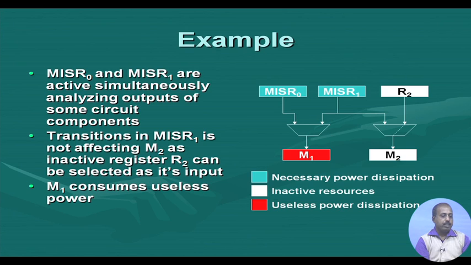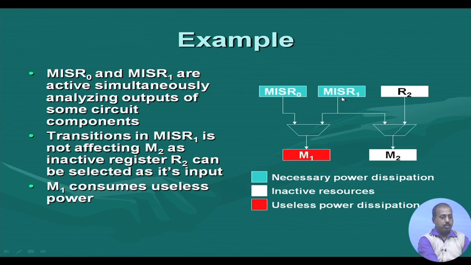This is a typical example. Suppose we are going to test the module M2. Okay. So, MISR 0 and MISR 1 are actually either generating the test pattern, or analyzing the output of the circuit, so they need to be activated. The transitions in MISR 1 are not affecting M2, as the inactive register R2 can be selected as its input.